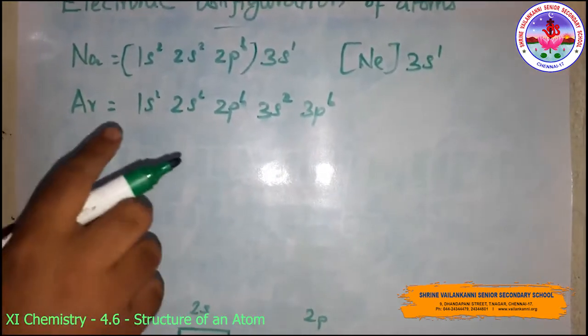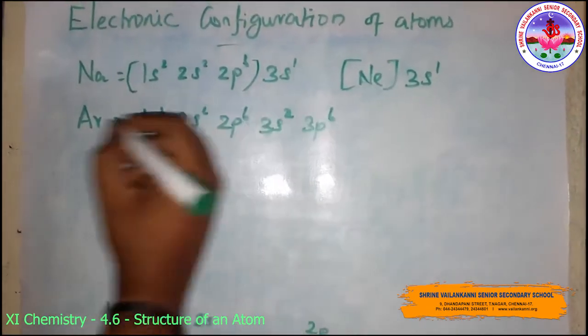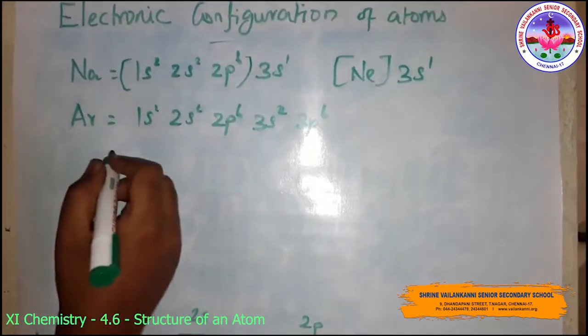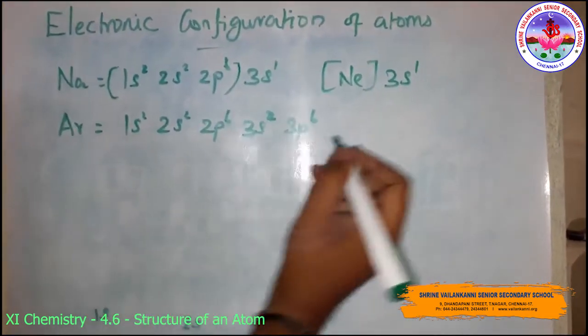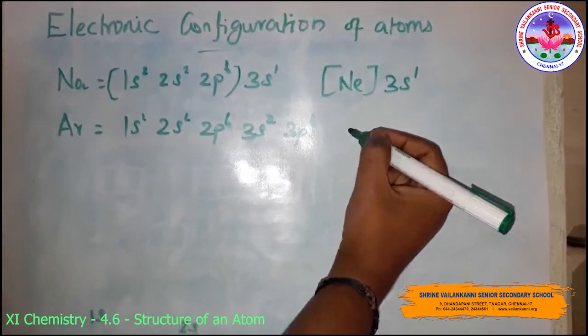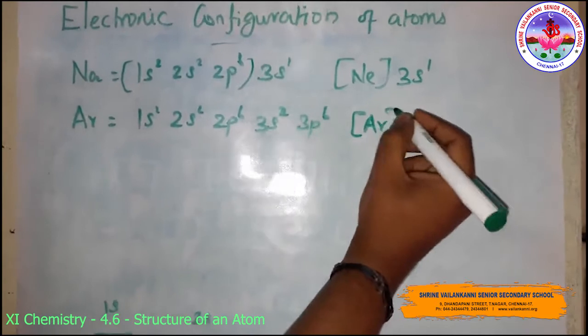So the electronic configuration of elements from sodium to argon can be written like this. For argon, up to this is argon, 18, so you can write it simply as argon.